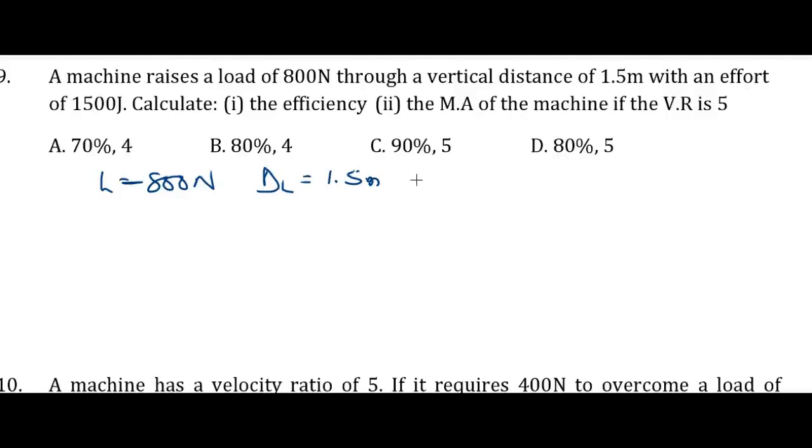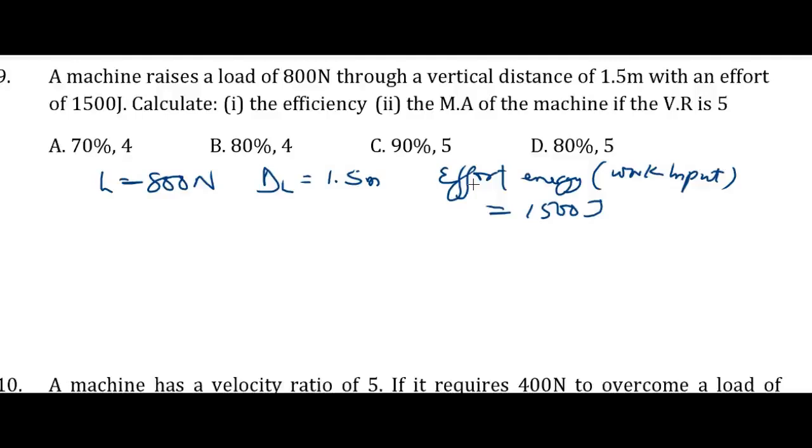Okay, so that's effort energy or work input. Effort energy is also known as work input. That is 1,500 joule. Calculate the efficiency, then the mechanical advantage of the machine, if the velocity ratio is 5, VR is 5.